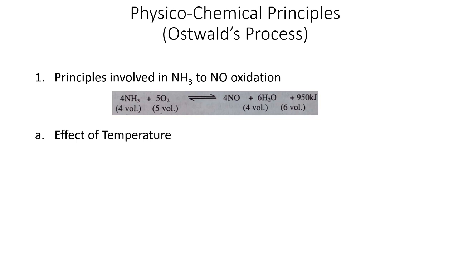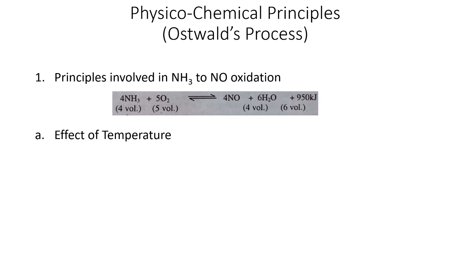process can be achieved by use of a catalyst. The catalyst is only initially electrically heated to about 800 degrees Celsius, and then the reaction continues on its own. Means initially you have to heat externally.